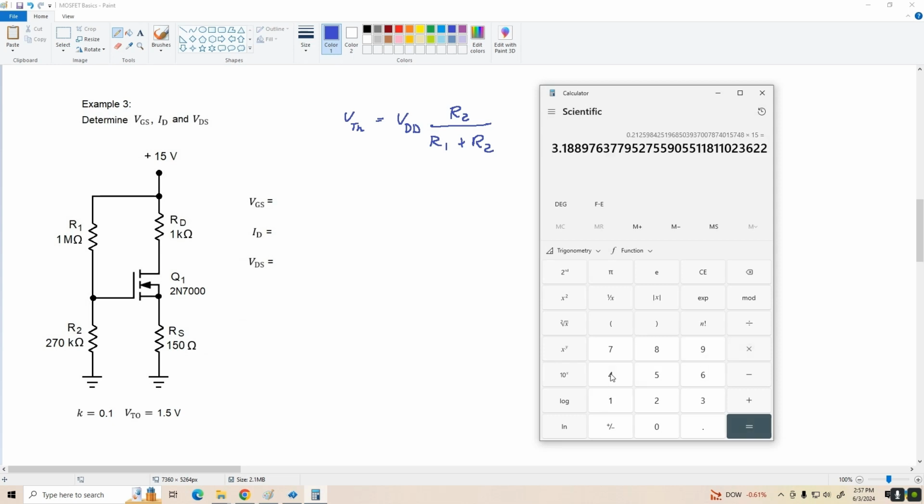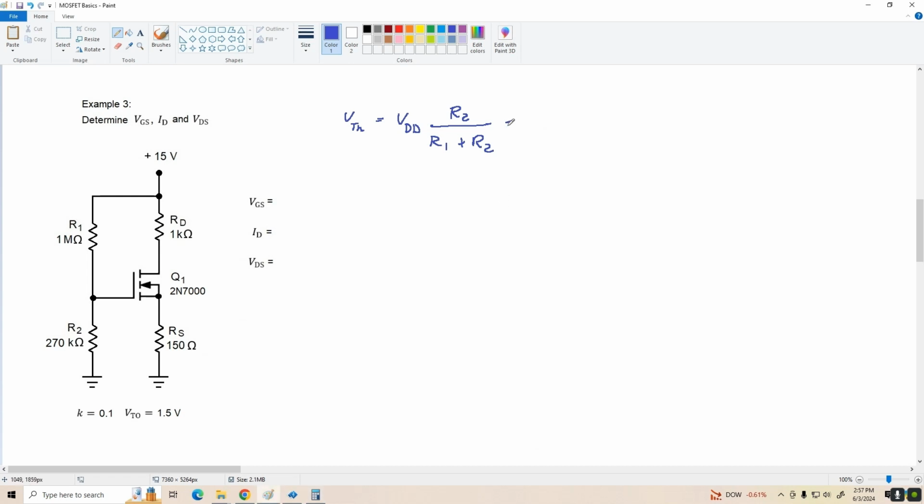So we've got a VTH of about 3.19 volts. Then we evaluate the constants for the quadratic formula: A, B, and C.